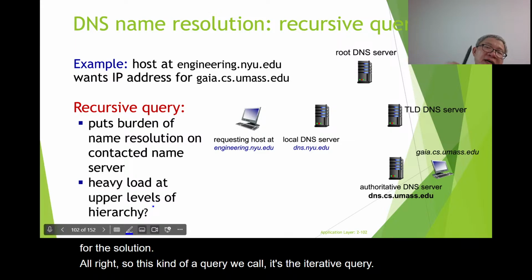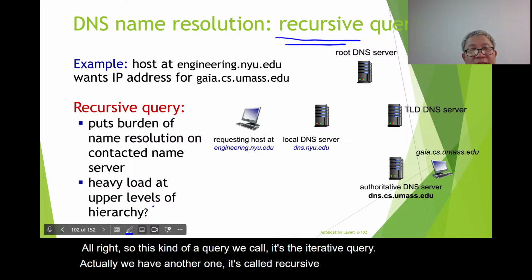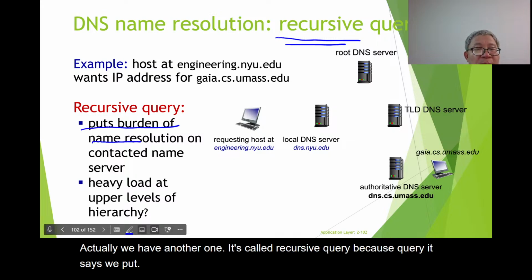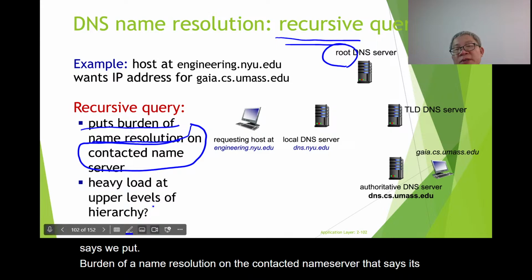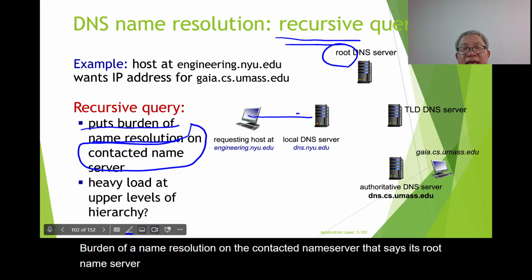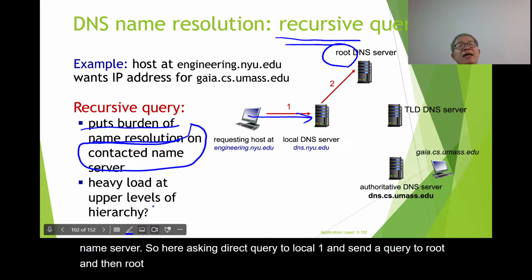Actually, we have another one, called the recursive query. The recursive query puts the burden of name resolution on the contacted name server, that is, the root name server. So here, we direct the query to the local one and send a query to root. Then root says, okay, I will find the solution for you.